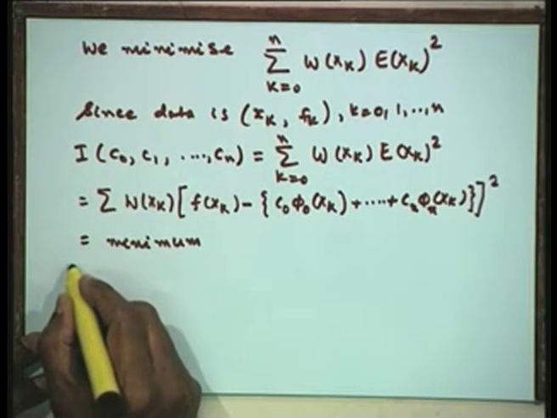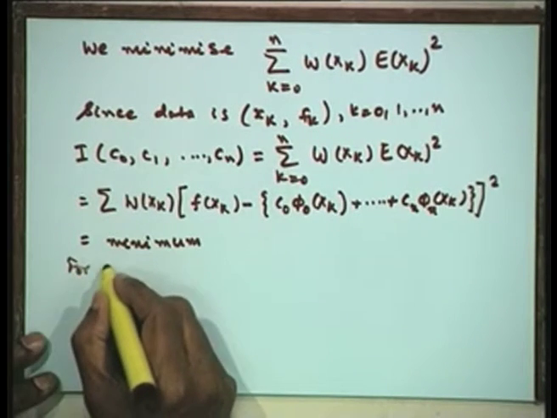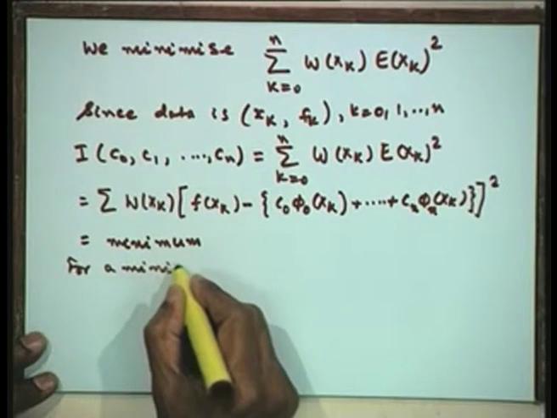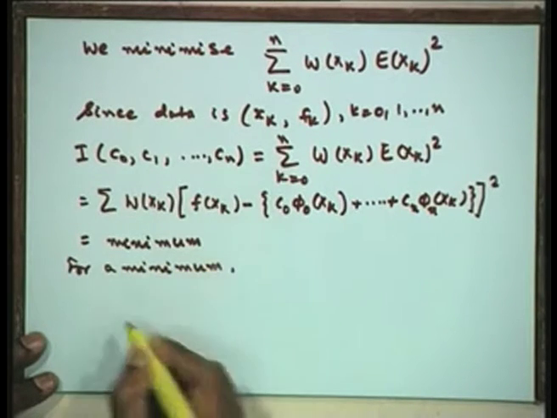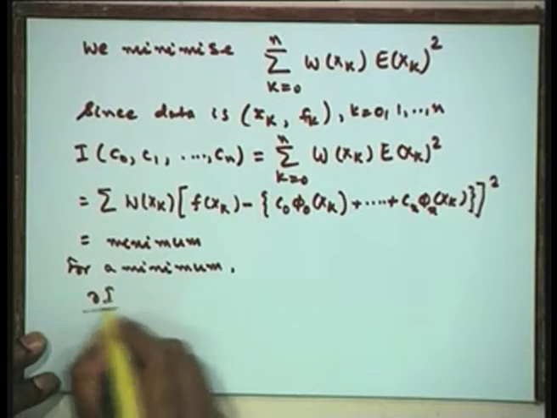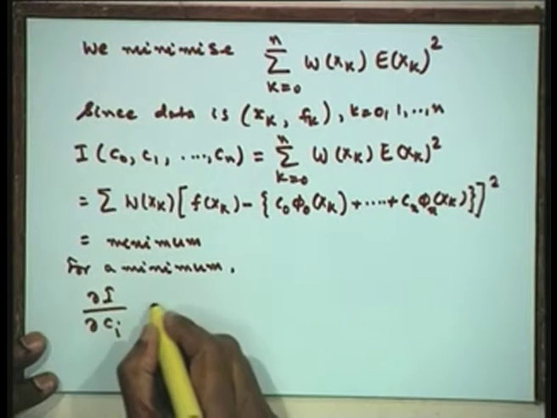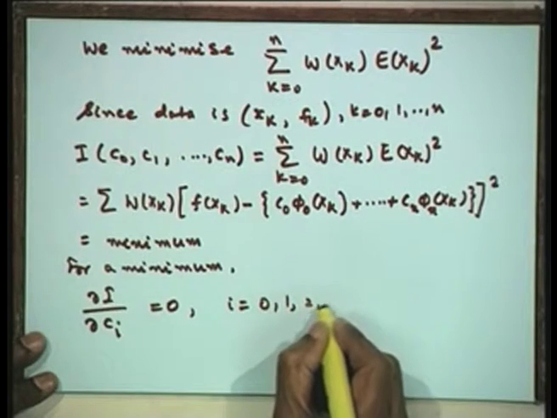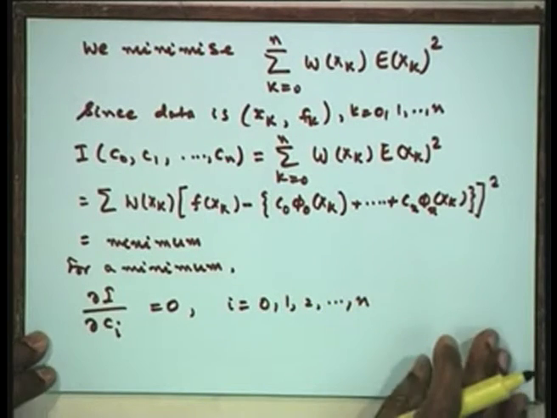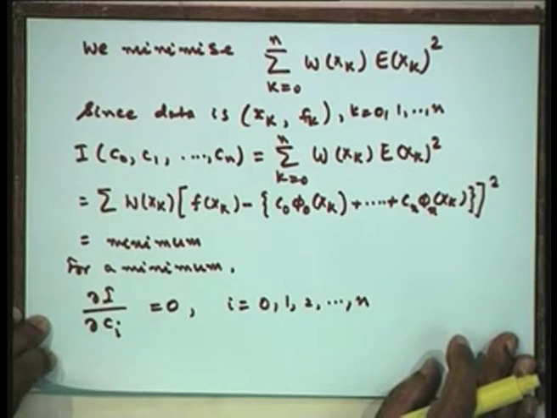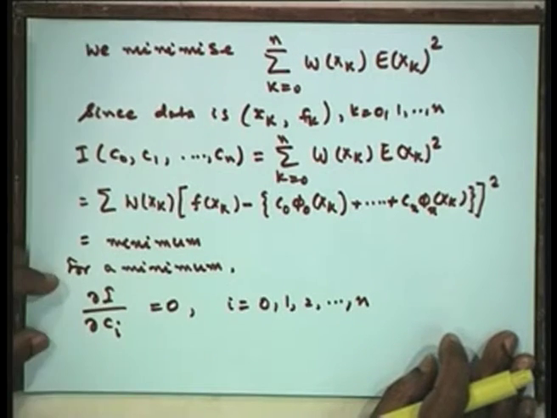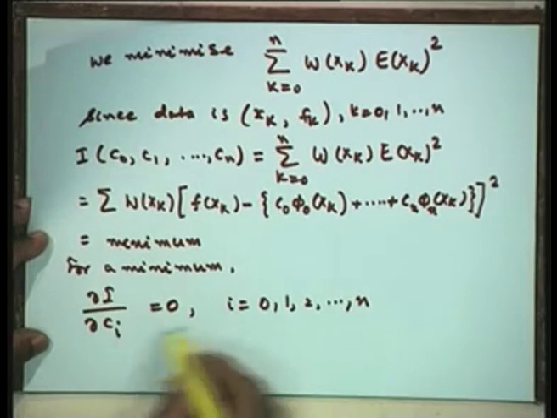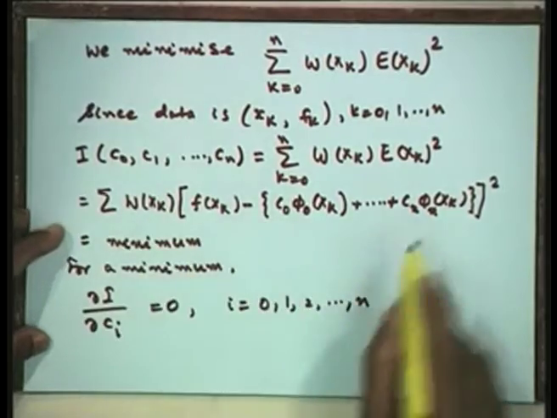So, for a minimum, we need delta I by delta C i equal to 0 for all i equal to 0, 1, 2 and so on up to n. Therefore, we will have n plus 1 equations for determining C naught, C 1, C 2, C n. Let us now differentiate this with respect to C i.